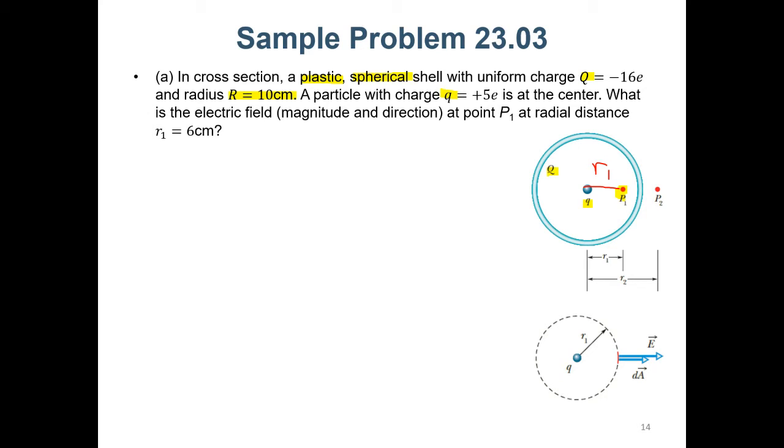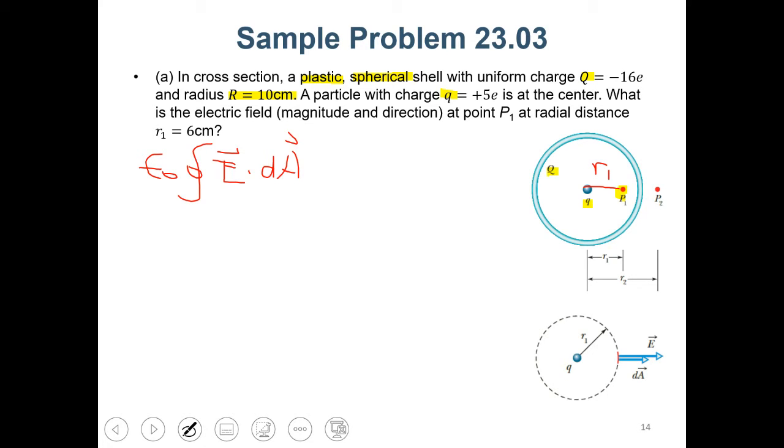According to the Gauss law, epsilon naught times the surface integral of E dot dA is equal to Q enclosed.